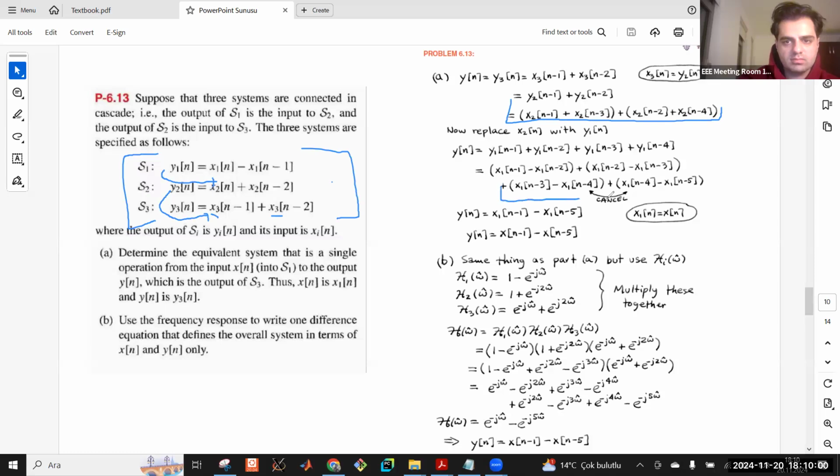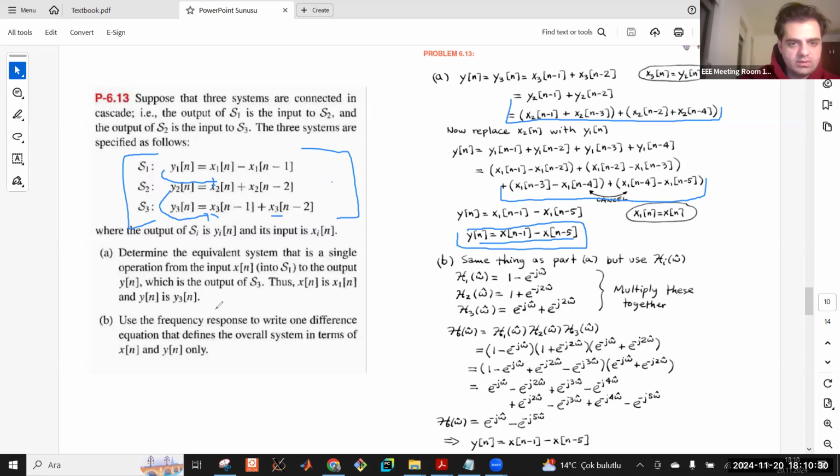So in this step, we get the result of that operation and the final result, which shows the relation between the x1 and y3, or the input of the overall system and output of the overall system, is this equation.